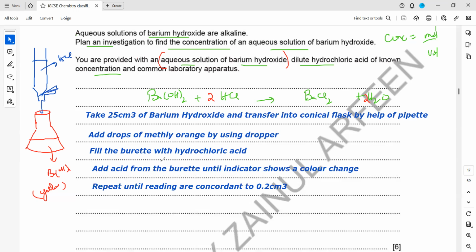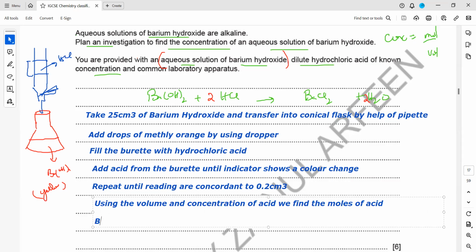Then how can we determine it? Now we know what volume of acid is used. So using the volume and concentration of acid, we will find the moles of acid, the hydrochloric acid.